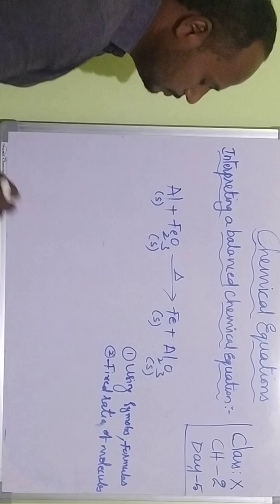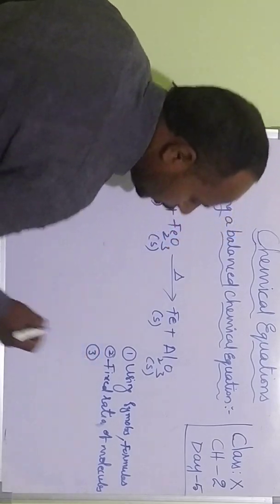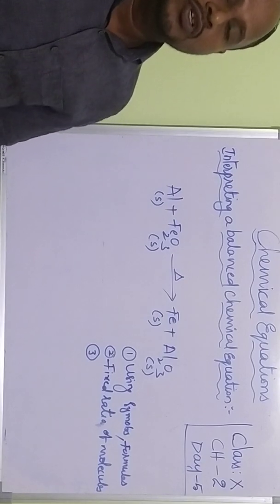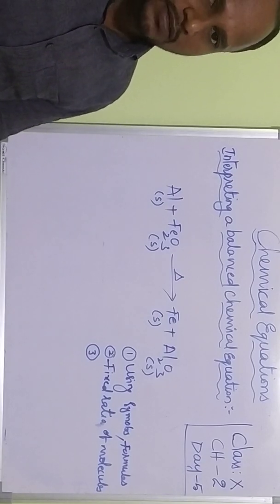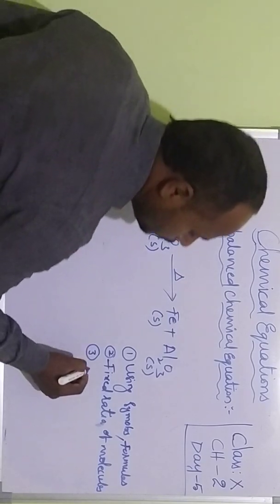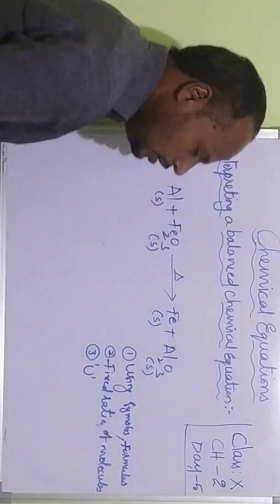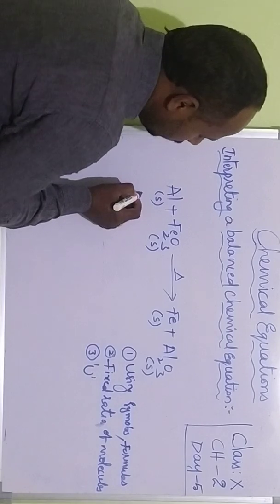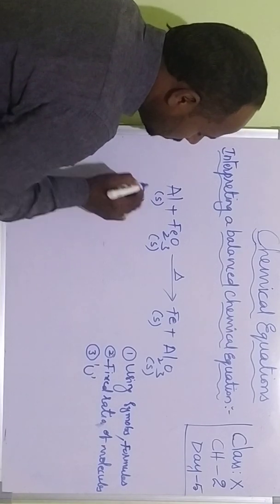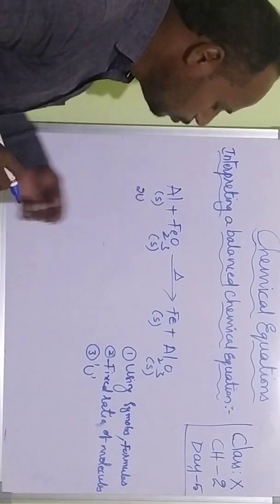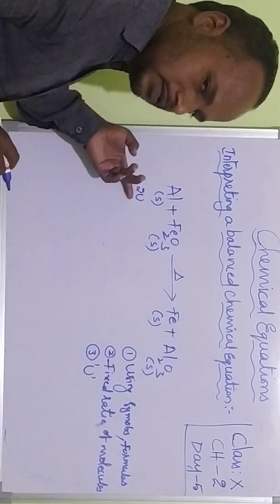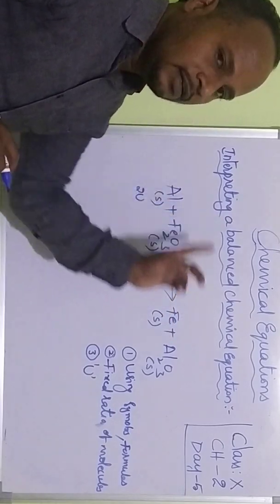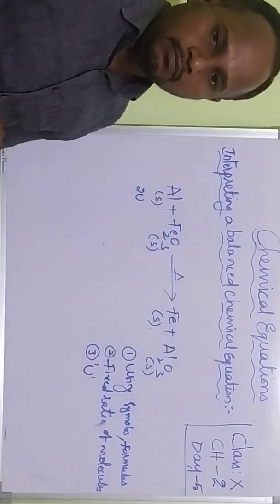Next, third one, for example, if you are calculating or balancing using unified masses, denoted with u. If the unified mass is, for example, you are taking 2 units of aluminium, maybe the molecular ratio of the reactants and products might be the same.